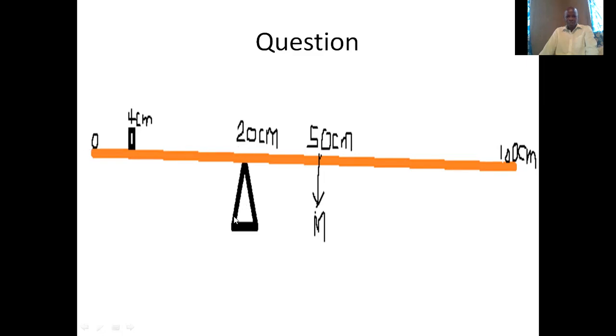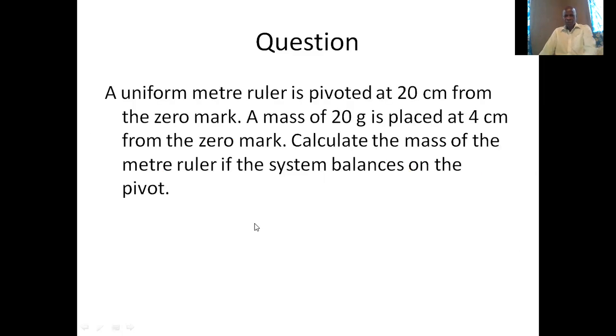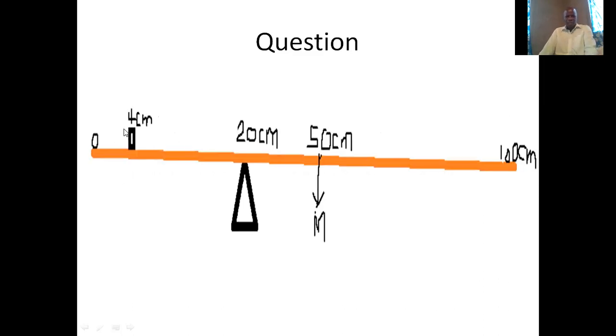So at 20 centimeters, that's where the pivot is. And then a mass of 20 grams is placed at the 4 centimeter mark from 0. They put a mass there.